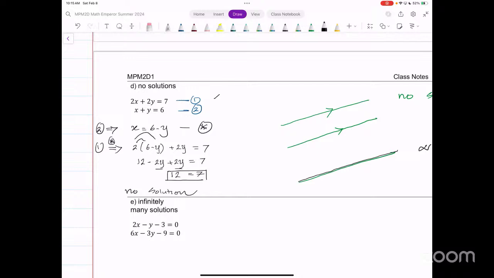You can see equation number 2. If I rearrange it, it's y equals negative x plus 6, if I move the x to the other side. Do you guys agree with that? Let's play with equation number 1. 2y is equal to negative 2x plus 7. If I divide it by 2, y equals negative x plus 7 divided by 2. So let's look at this. The slope of both lines is negative 1, isn't it?